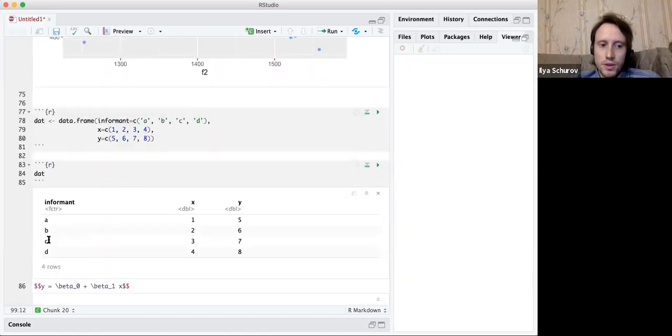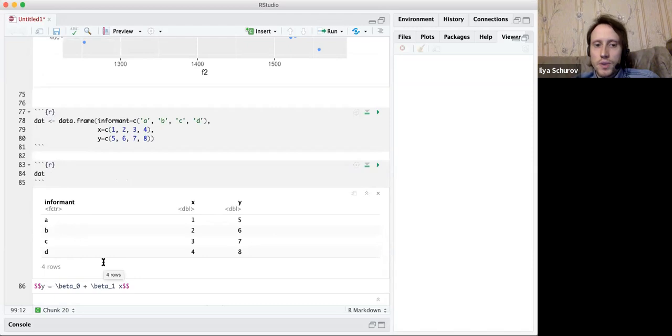Let me add this column just like an ordinary categorical variable, with 4 categorical values.